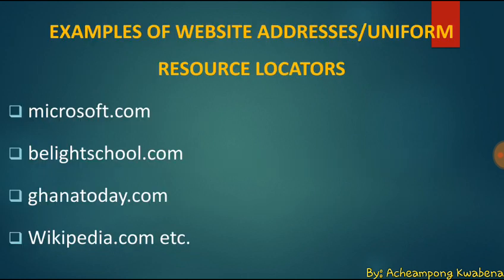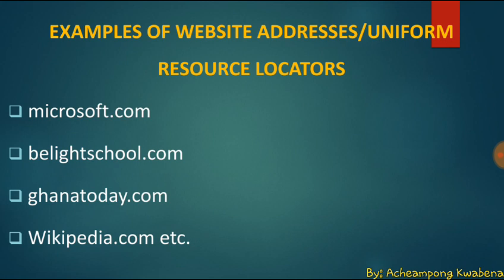Now let's look at some examples of website address. I hope some of you have been using website addresses to search for information from a particular website. Even as you are coming to do your exercise, you'll be typing in a website address in order to open the web page for you to get your information. That's www.bilischool.com.